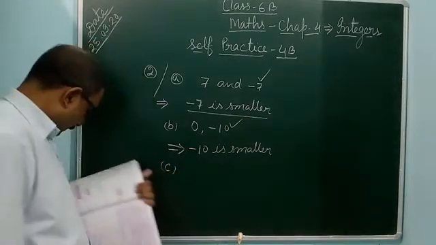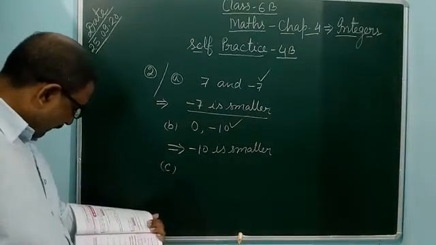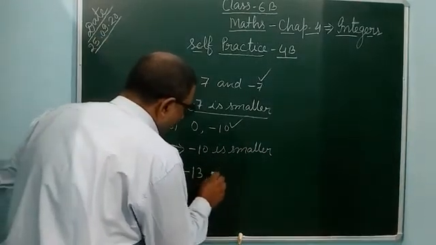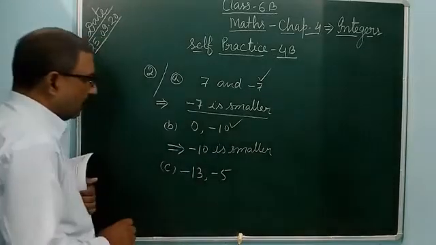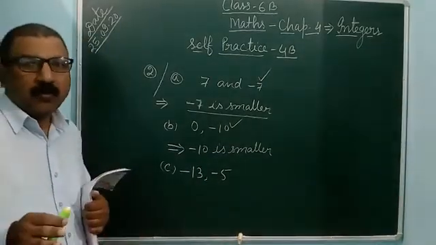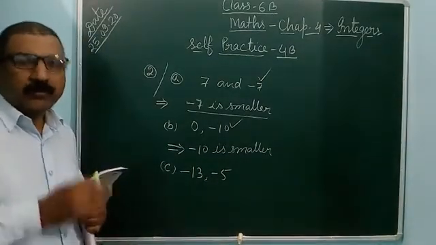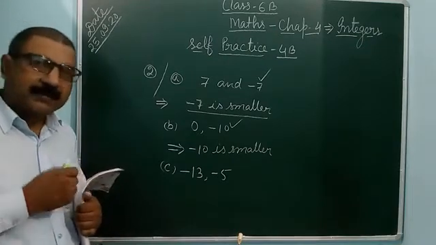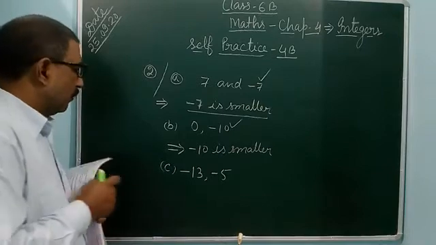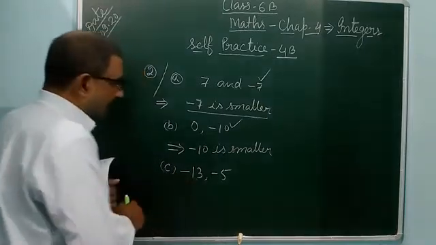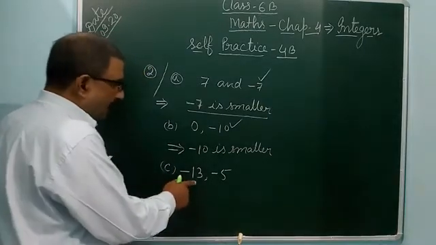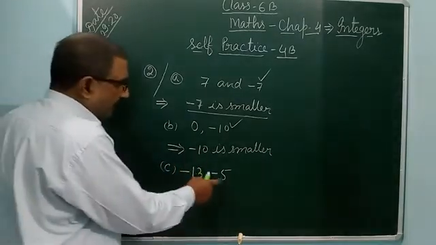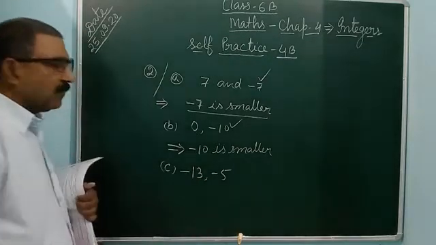Question C: minus 13 and minus 5. On the number line, when you go from 0 to the left side, the value decreases. So here minus 13 lies to the left side of minus 5 on the number line, or you can say minus 5 is to the right of minus 13.